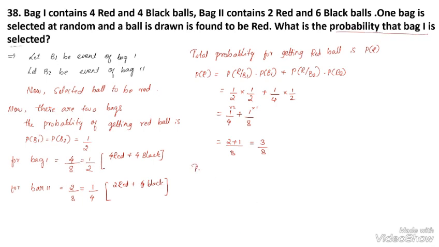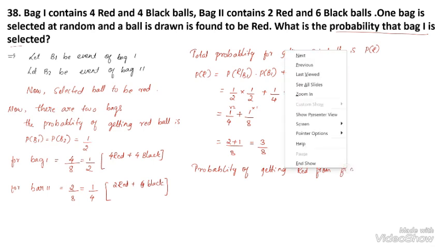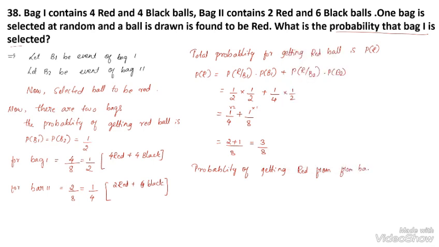So, probability of B1 given R is probability of red ball from bag 1 into probability of bag 1, divided by the total, 3 by 8.